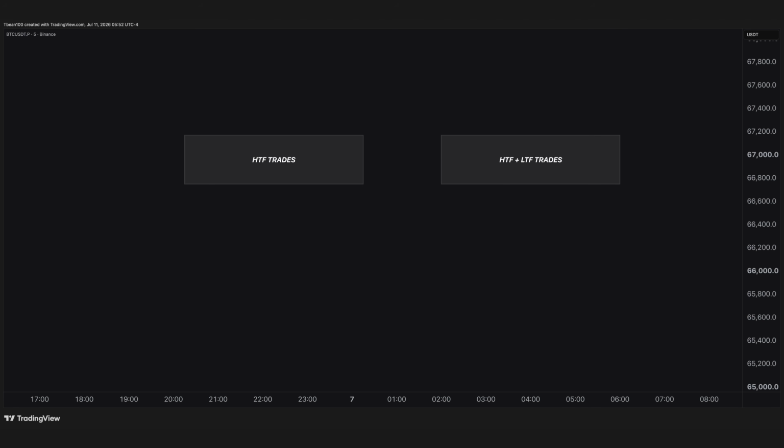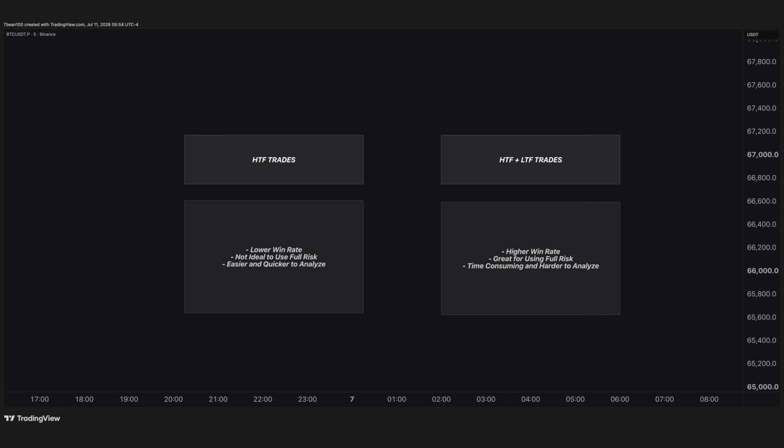And this brings us to two types of trades and traders: the traders that use a single time frame and the traders that use multiple high and low time frames. You may think high and low time frame is the only option, but actually it is not. There is a big trade-off between those two. Now, high time frame traders generally have much lower win rates.